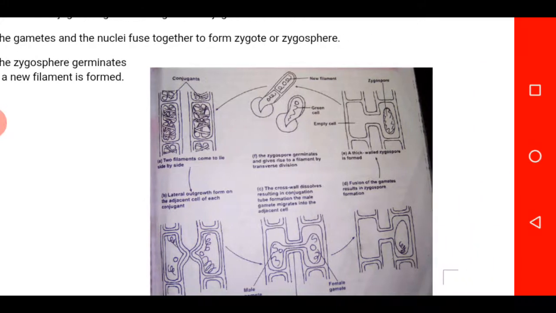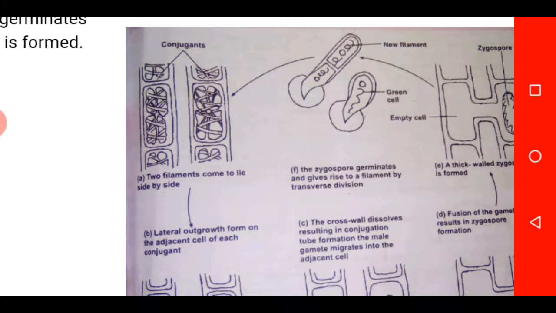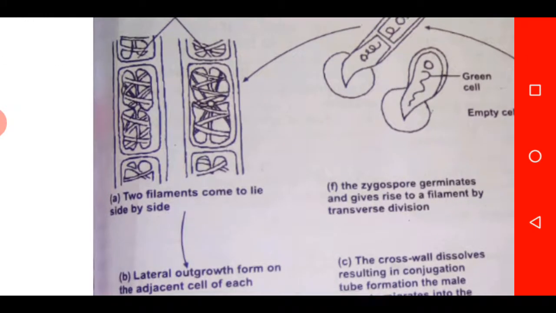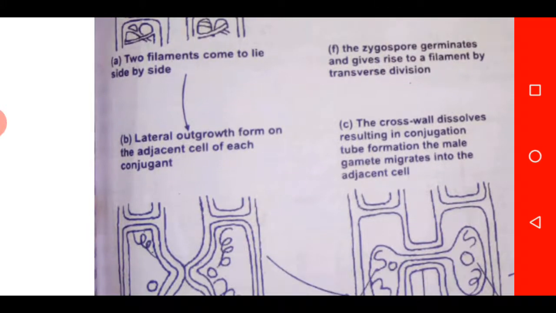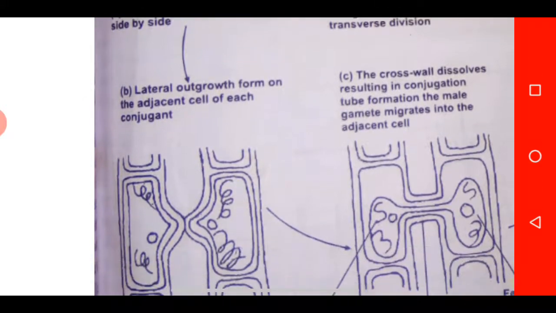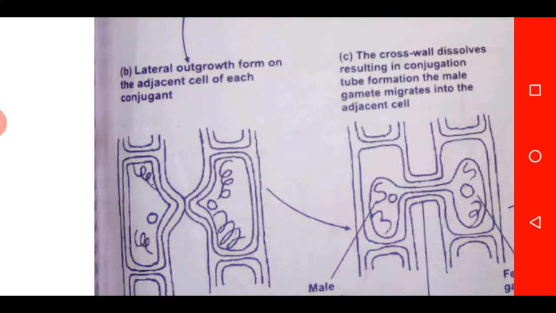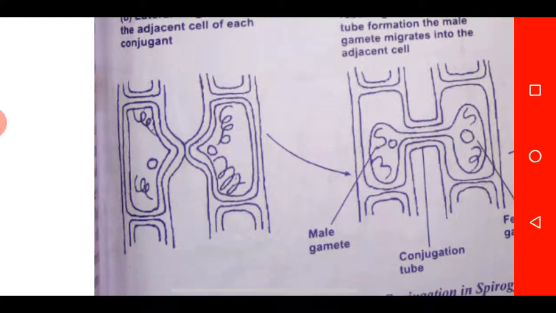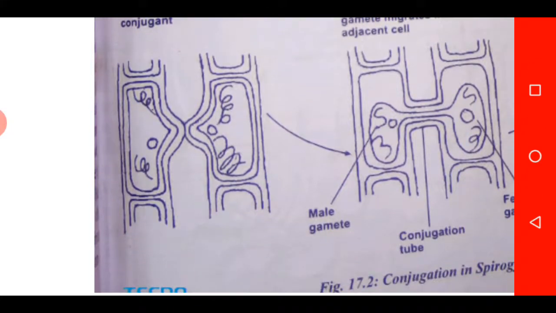So on your screen you can see the diagram of what we are describing. Can you see the two filamentous organisms, that is two spirogyra, lying side by side, which later have the lateral outgrowth that forms on the adjacent cell of each of them. You can see the outgrowth that has reached both of them. Both of them have grown outgrowths towards one another.